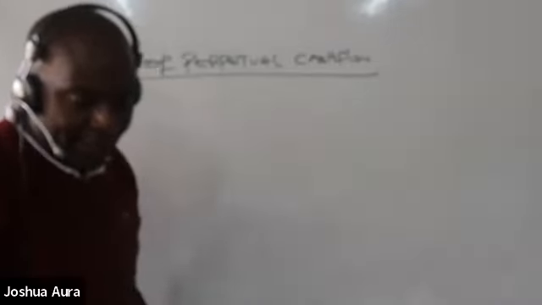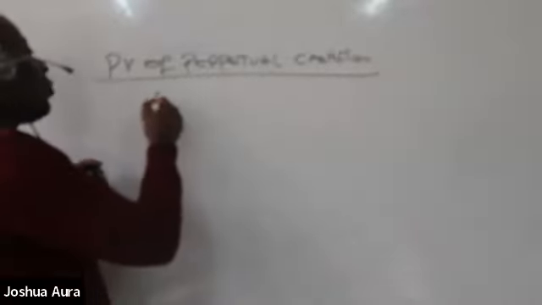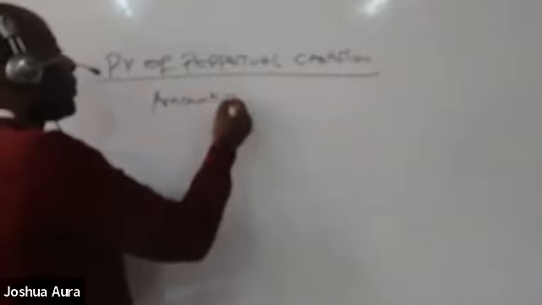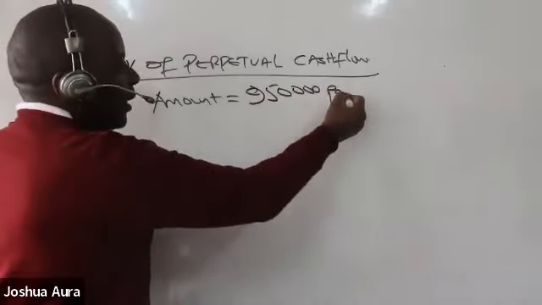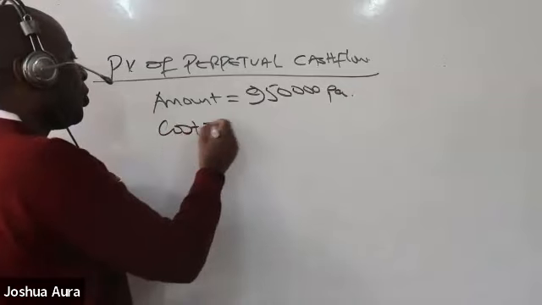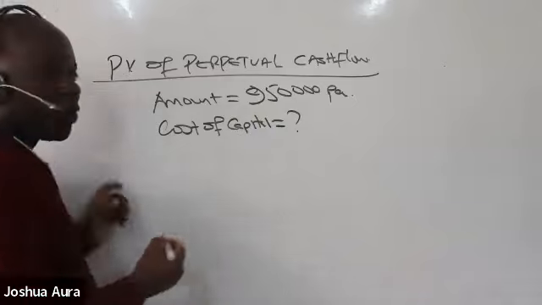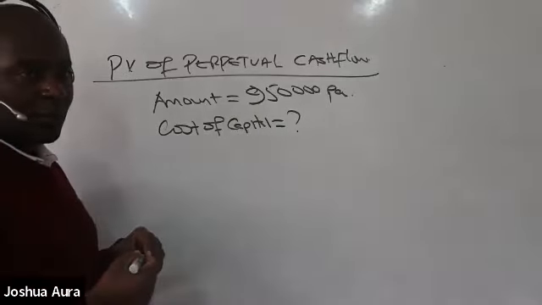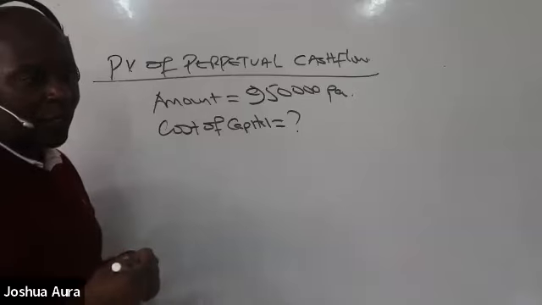Now, ladies and gentlemen, this perpetual cash flow, the amount is how much? The amount is 950,000 per annum, isn't it? Now, the cost of capital has not been given in this question. The required return has not been given in this question, so you must calculate it.